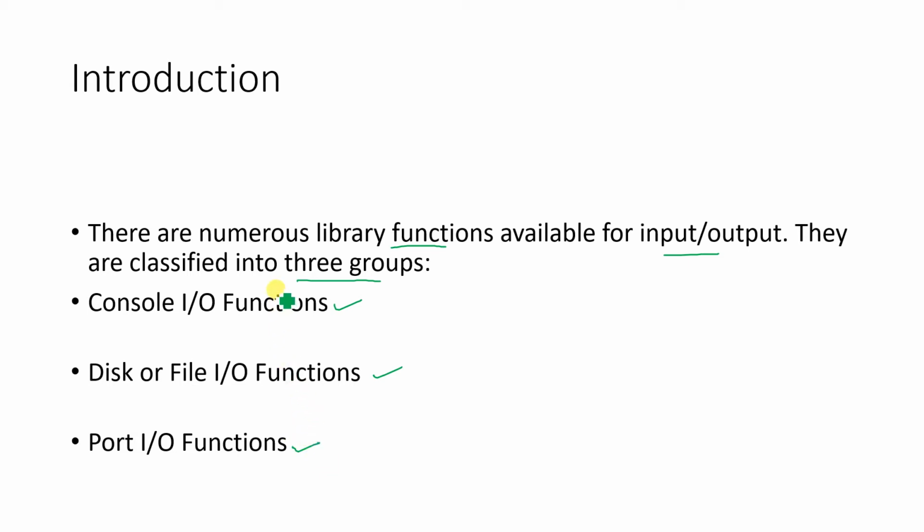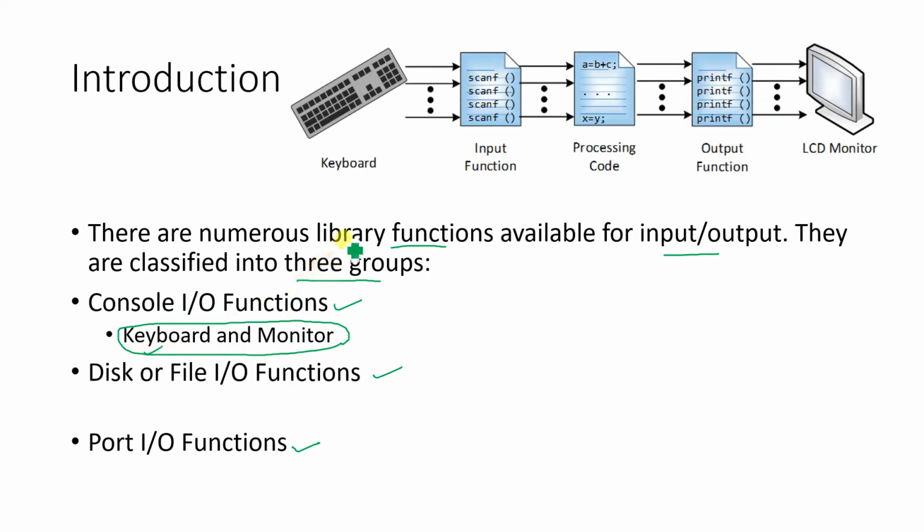Let us understand it in a detailed manner. Console means your input output devices, that is, your keyboard and monitor. These are generally called the console. Whenever a function in C takes input from the keyboard and processes it, and after processing the output function produces the output on the LCD monitor or any monitor connected to your computer, those are called console input output functions.